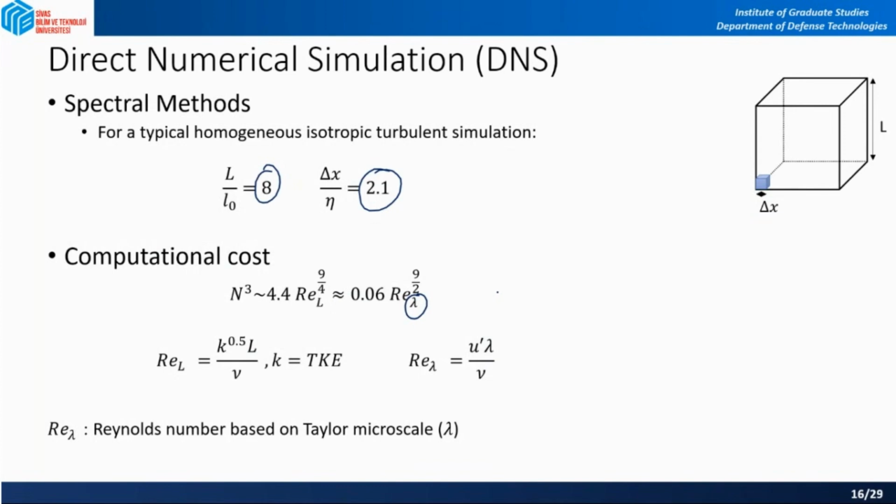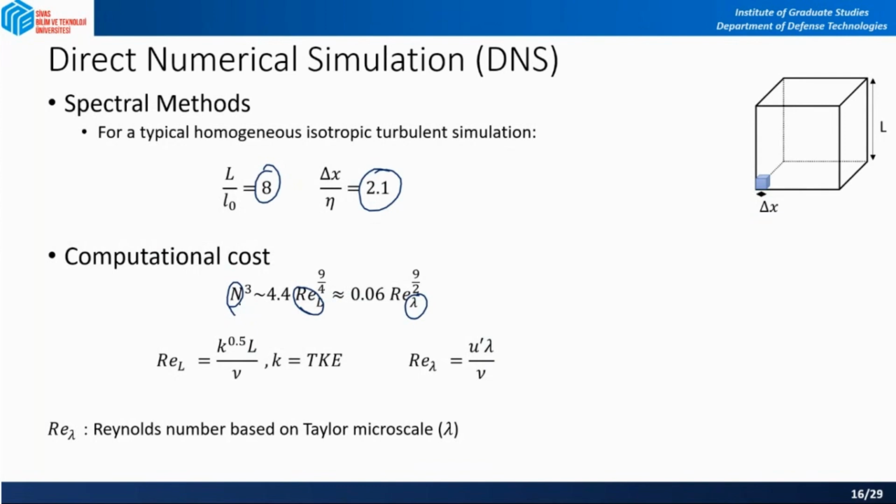That's because of the very high nonlinearity between N and the Reynolds number. You see, it is 4.4 times Reynolds to the 9 over 4. So the cost of computation is partly dependent on N. It also depends on the time discretization that we will talk about in a second.